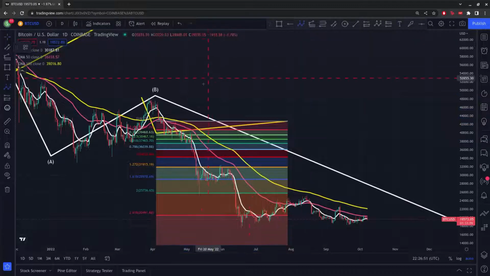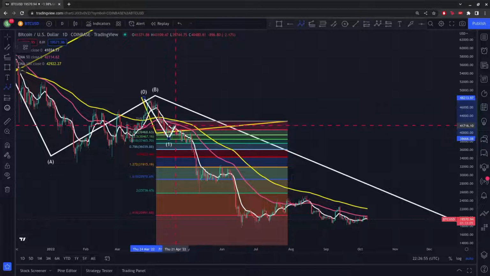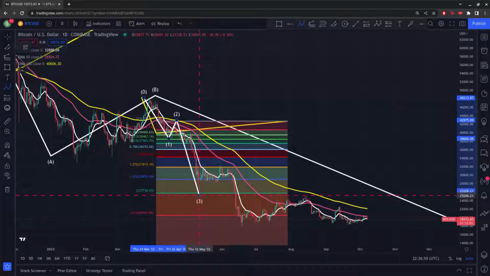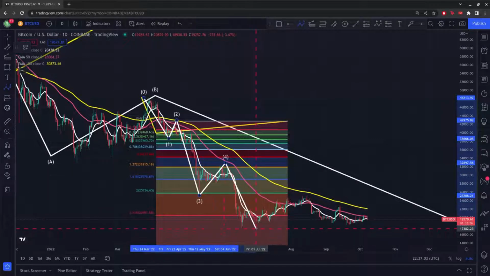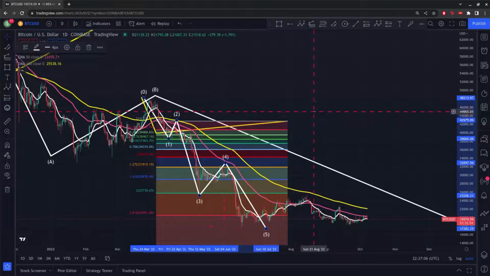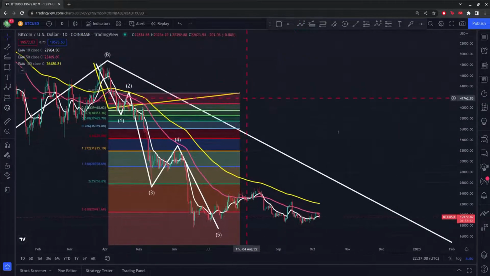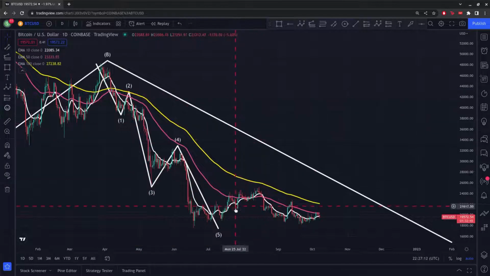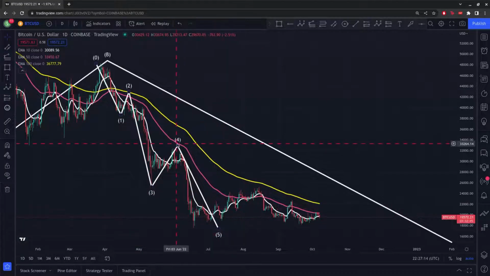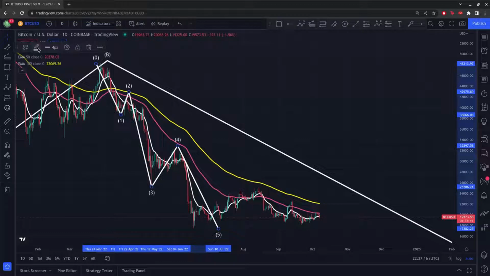So this is the first wave, the second wave, the third wave, the fourth wave, and we're on the fifth wave right now. Currently our interest is on this smaller fifth wave.